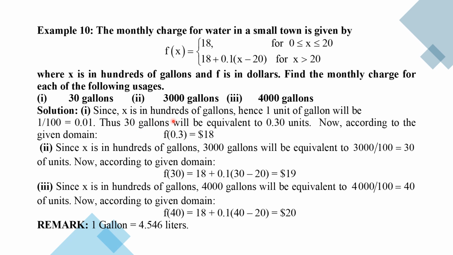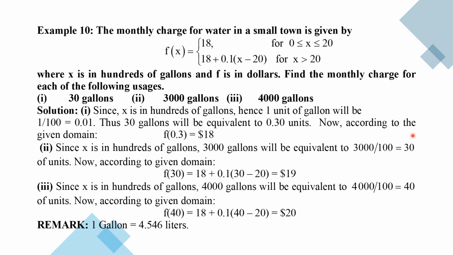Since x is in 100s of gallons, 1 unit of gallon will be 1 over 100, 0.01. The 30 gallons will be equivalent to 0.30.